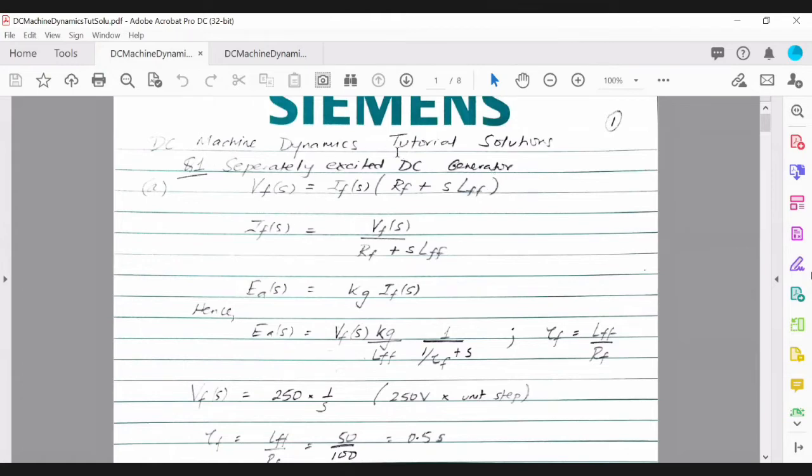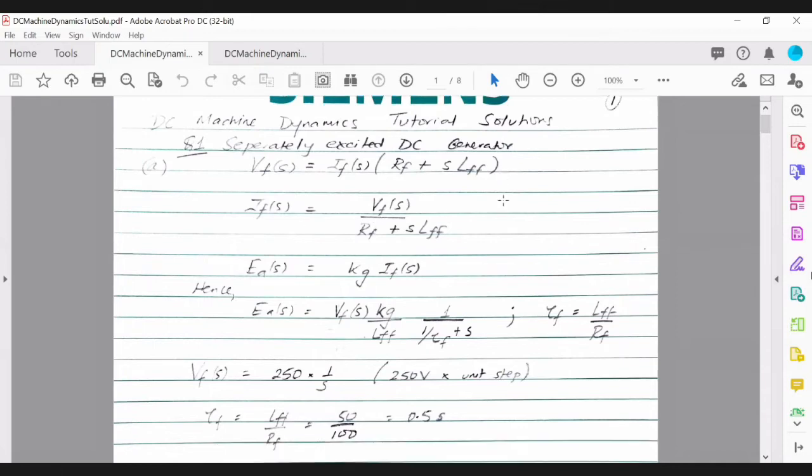So this is the Laplace transform of that equation. As you can see here, I've made IF the subject of the formula to represent the voltage, and that's your term in the denominator there, RF plus S LF.